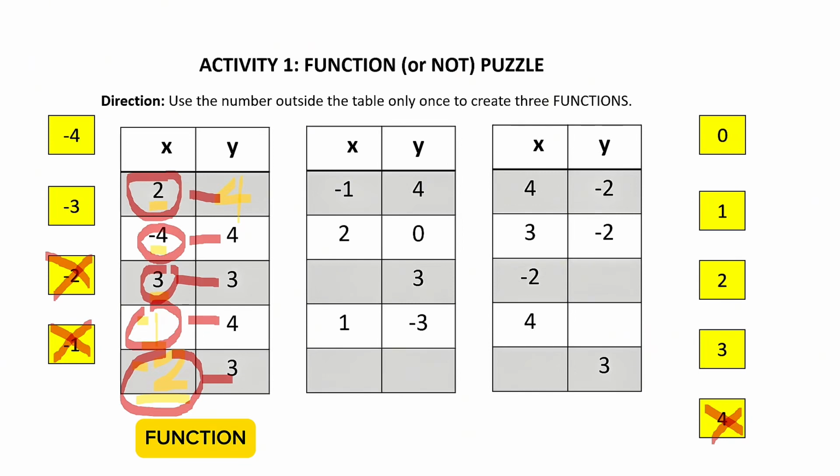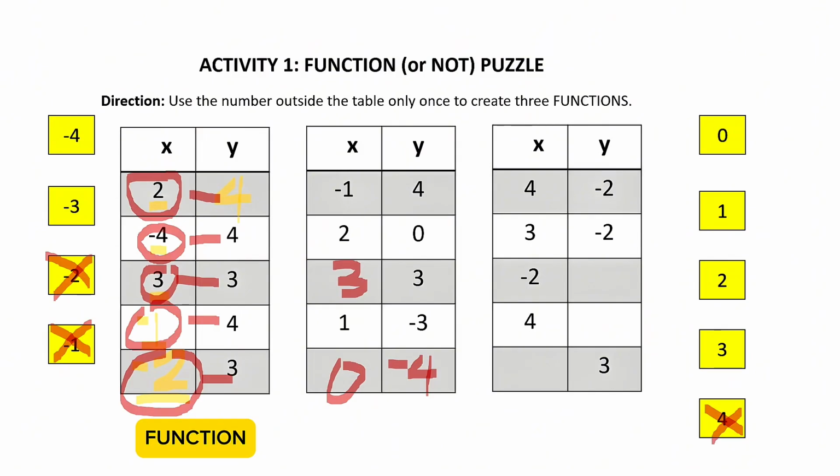We need to use the 2 numbers to fill in the x values and 1 value for the y. So we choose 3 and 0 for the x value and -4 for the y value.